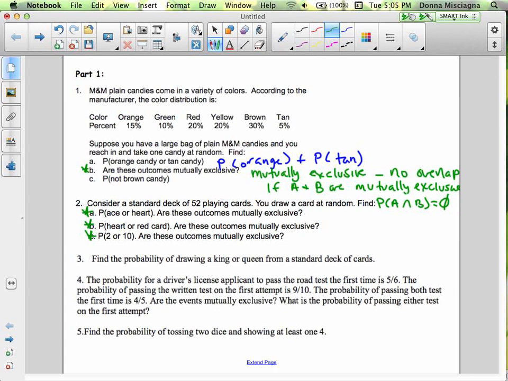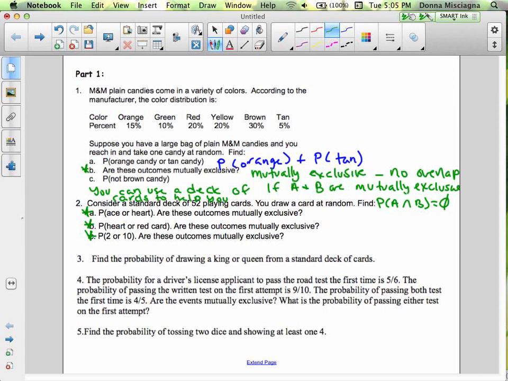And a little hint, if you get confused on number 2 and you can't figure out if they're mutually exclusive, you can use a deck of cards to help you, and look and see if there's any cards in both categories. All right, so that's just a little help if you get confused. Let's look at number 3.